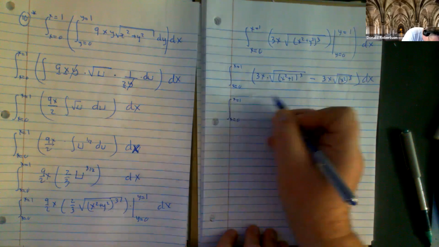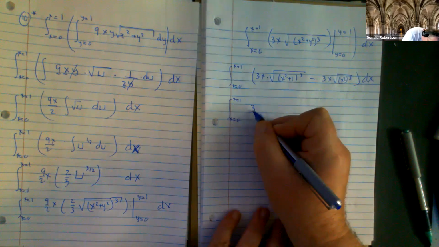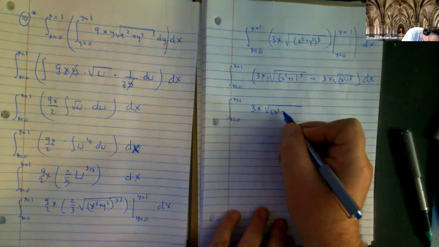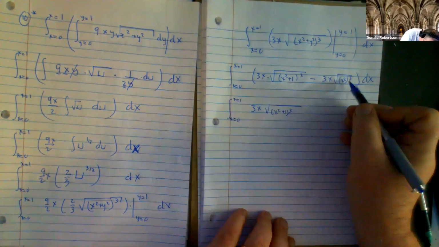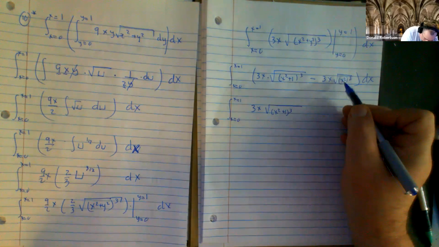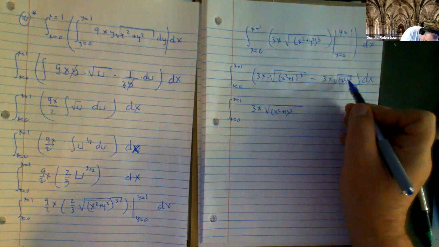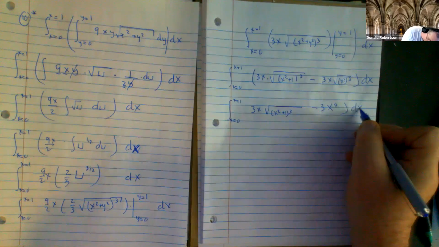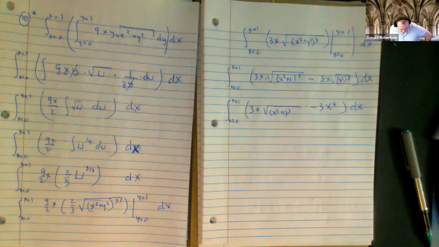Can't really do much with that, so I'm not going to even attempt to do anything with it. X squared cubed is x to the 6. The square root of x to the 6 is x cubed. X times x cubed. Wow, that actually comes out quite nice.